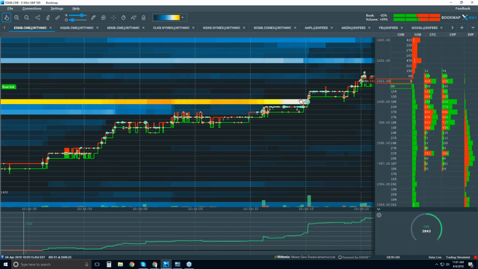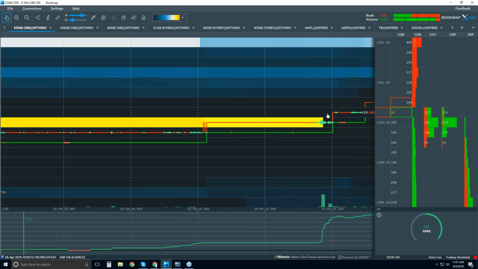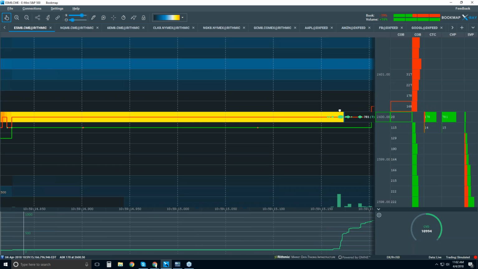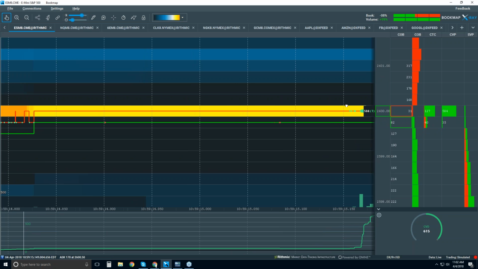I need to go to the next webinar here, but what's their behavior up here? Did they pull or did they stay? Well, out of the 633 contracts here, 829 traded. So more traded in this area. There's more that was added over time, but if we look at it here, 781 traded, and the liquidity at this point was 615.